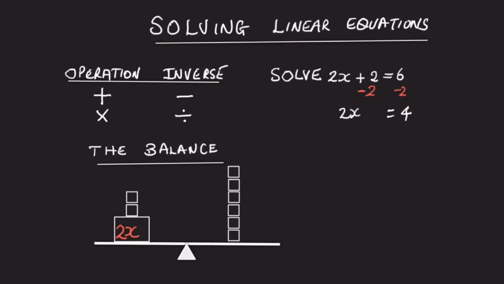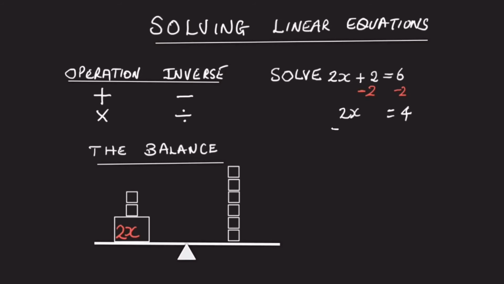Okay, now I look at the next operation. 2x, don't forget, means 2 times x, and the opposite of timesing is dividing. So I want to get rid of that 2 multiplied by x by dividing both sides of the equation by 2.